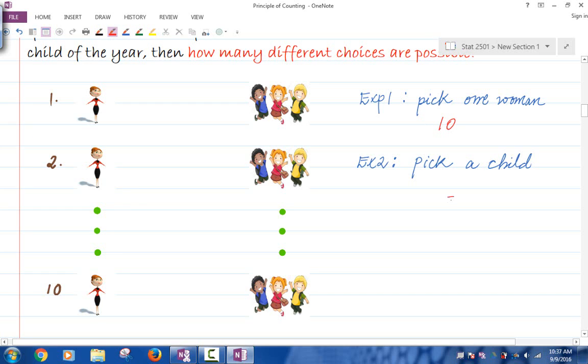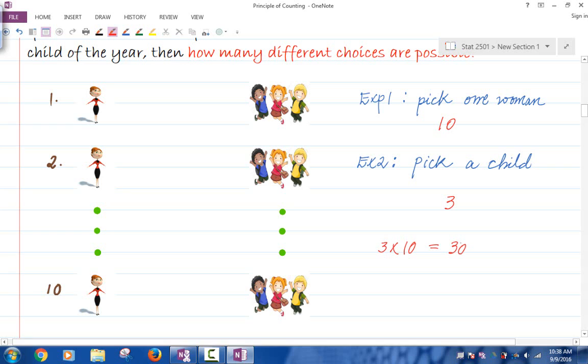Well, that's 3, because each woman has 3 children, right? So the total number of outcomes of the 2 experiments then is what? 3 times 10, which is 30.